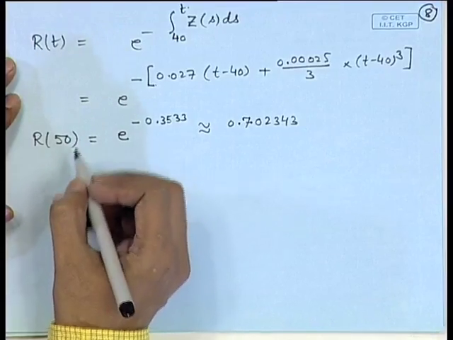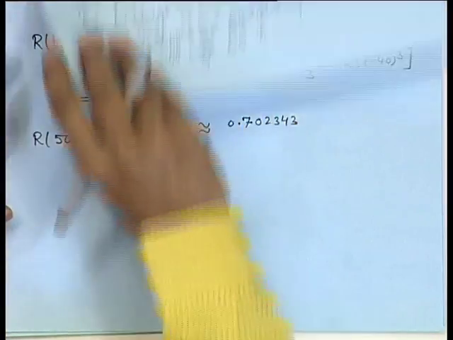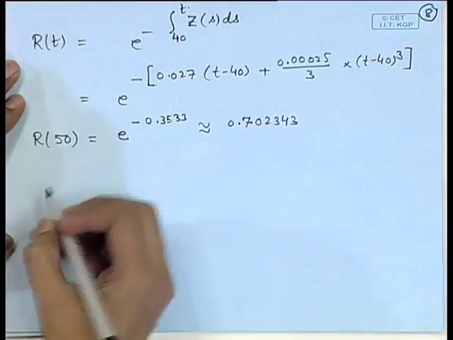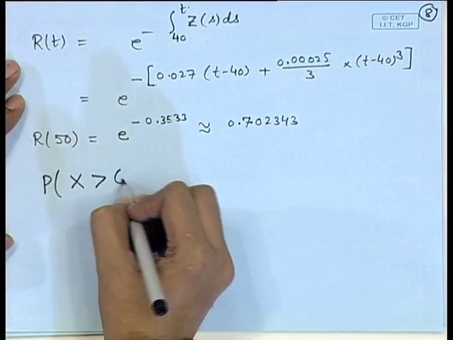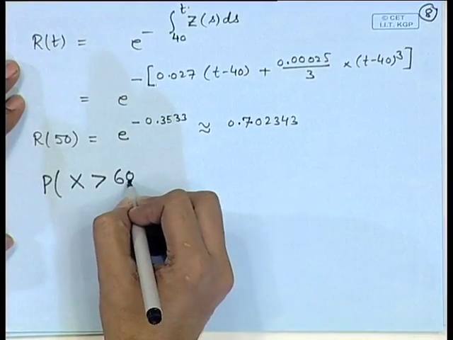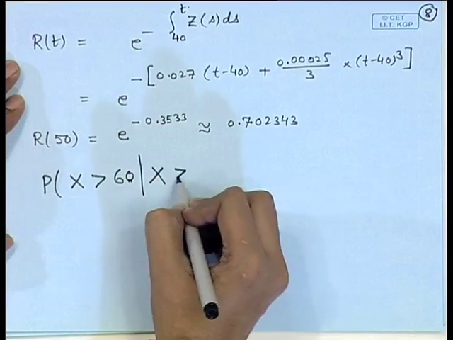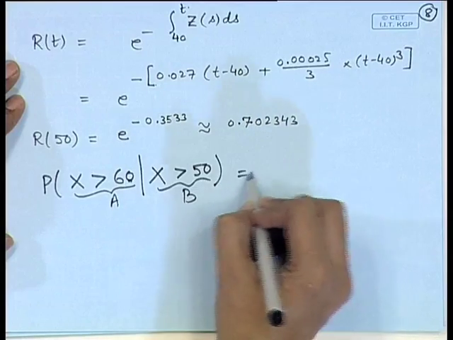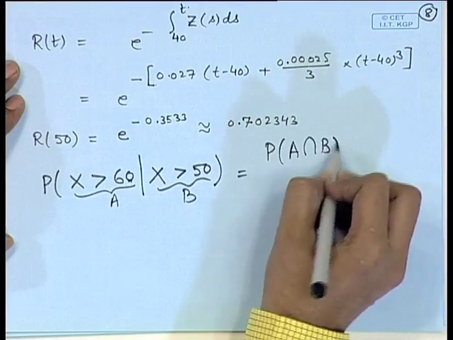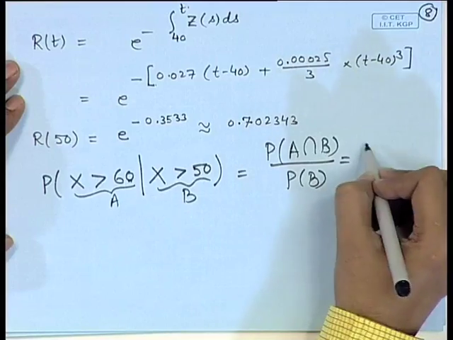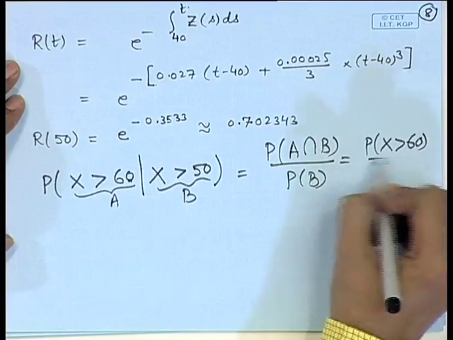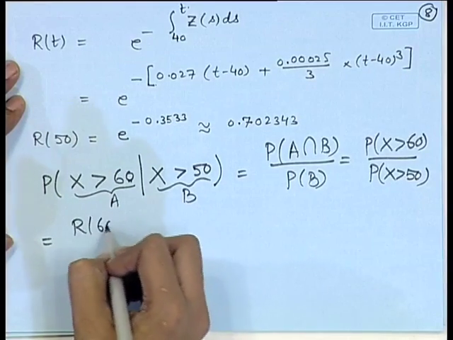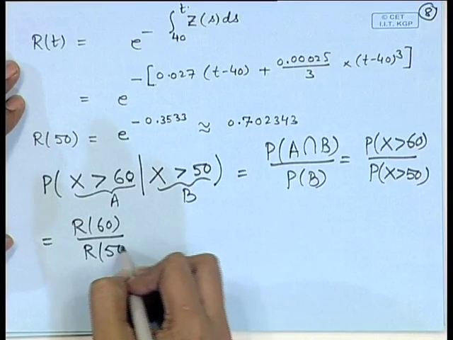If he survives to age 50, what is the probability that he will survive till age 60? This is a conditional probability that he has life up to at least 60, given that he has survived till 50. If we consider this event as A and this event as B, then it is probability of A intersection B divided by probability of B, and that is equal to probability x greater than 60 divided by probability x greater than 50, which is the ratio of the reliabilities at t equal to 60 and 50.